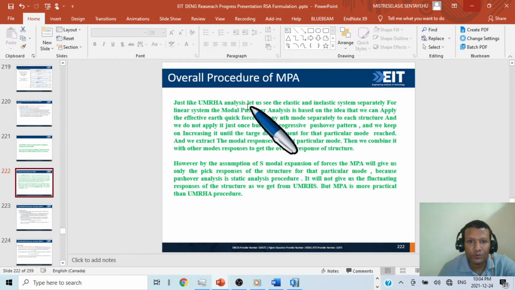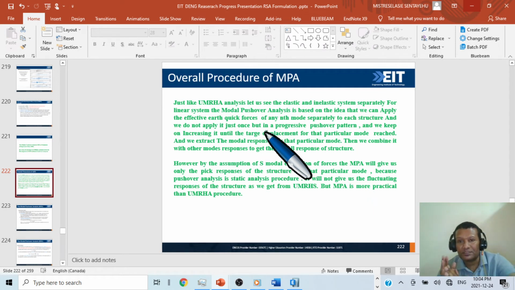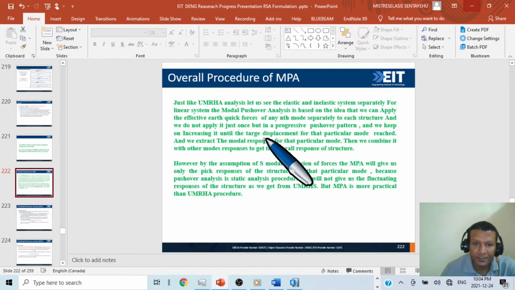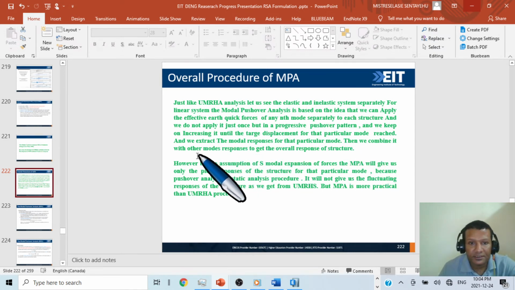So the same concept we are using as UMRHA, but the only difference is the load is progressive. For that nth mode, we don't apply it once like UMRHA, but here we will apply it progressively. That is the difference. And we extract the modal responses for that particular mode.